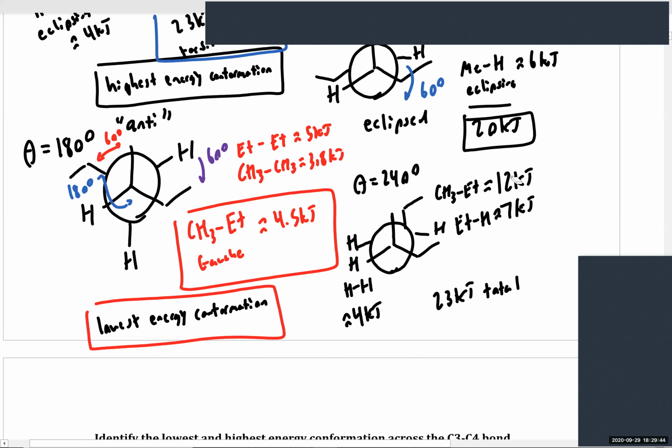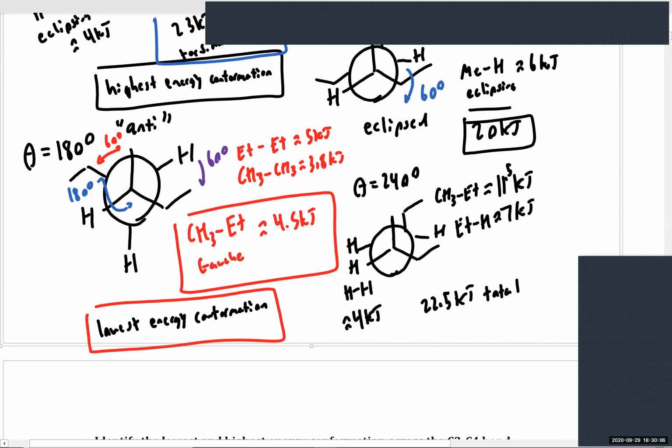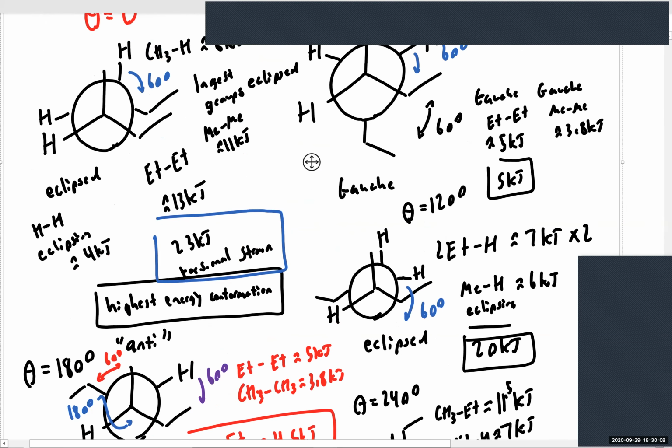This methyl-ethyl is probably closer to around 11.5. So we end up with around 22.5 kilojoules total. So this is a pretty high energy eclipsing conformation, but it's not quite as bad as our fully eclipsed conformation.